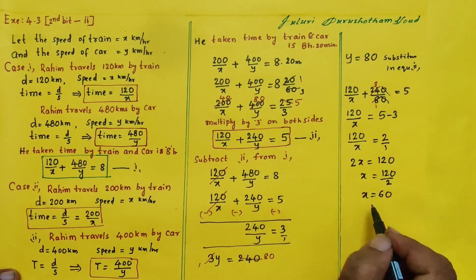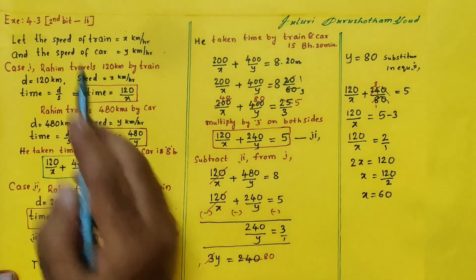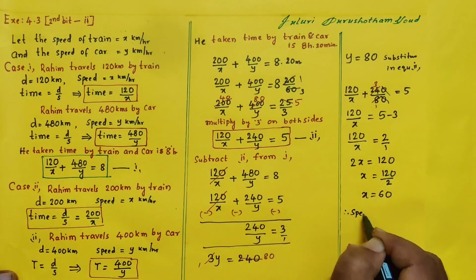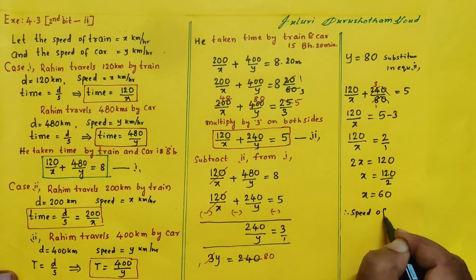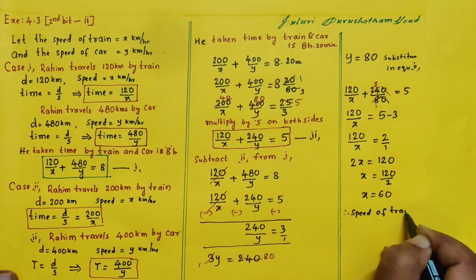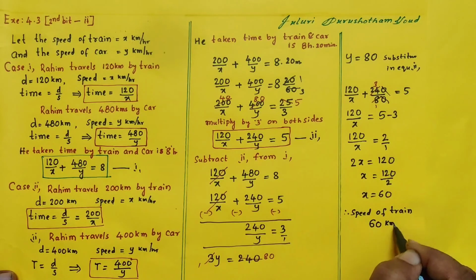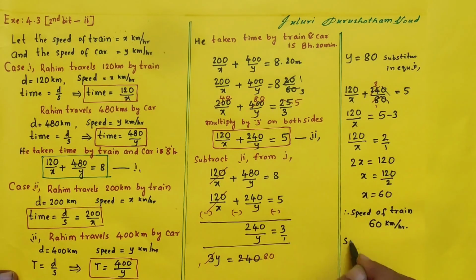Okay, x means what? Speed of the train. Therefore, speed of the train is 60 km per hour. Clear? Next, speed of the car.